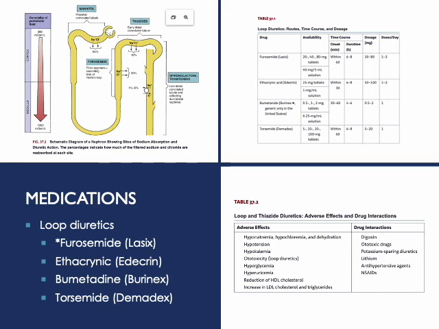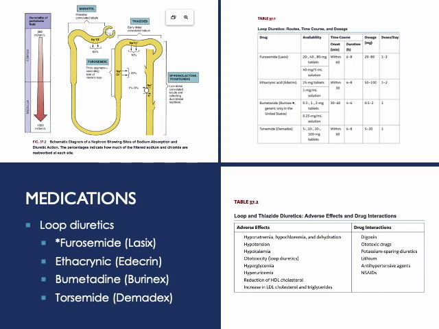Lasix is the most frequently prescribed loop diuretic, and this is going to serve as the prototype for the group. So when we're talking about loop diuretics, we're just going to use Lasix as the example, or furosemide. And furosemide will work on the thick segment of the ascending loop of Henle. And this is where we're going to have that blockade of reabsorption of sodium and chloride.